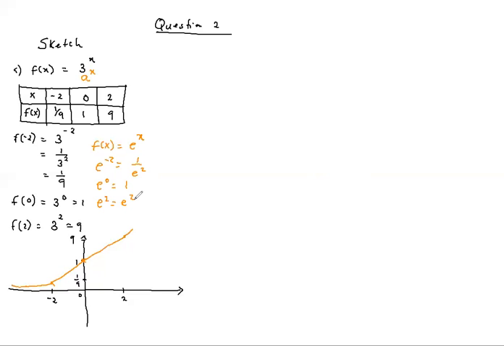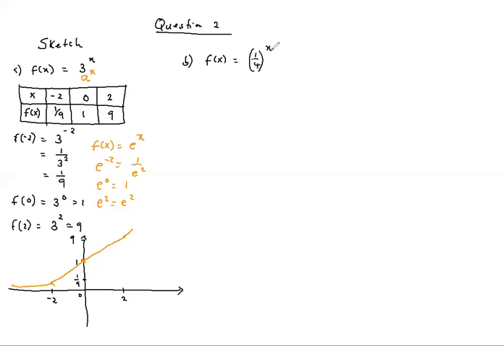So let's go to B. B is f of x is equal to 1 over 4 to the power x. Now what we have seen in question A was a positive whole number base.